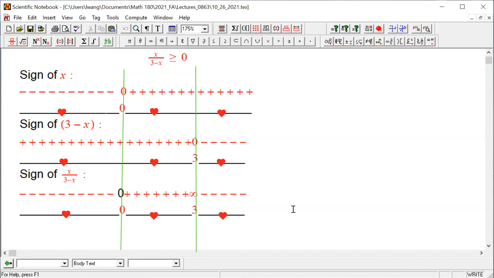So the solution would be what? Include 0, less than 3. That's the piece. That is our solution, including 0.